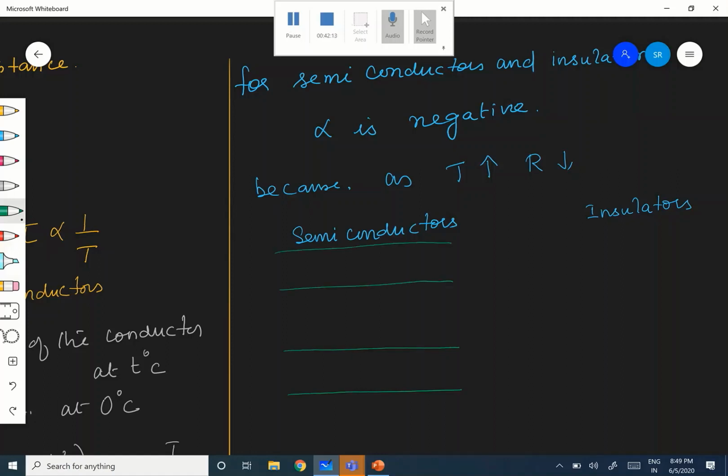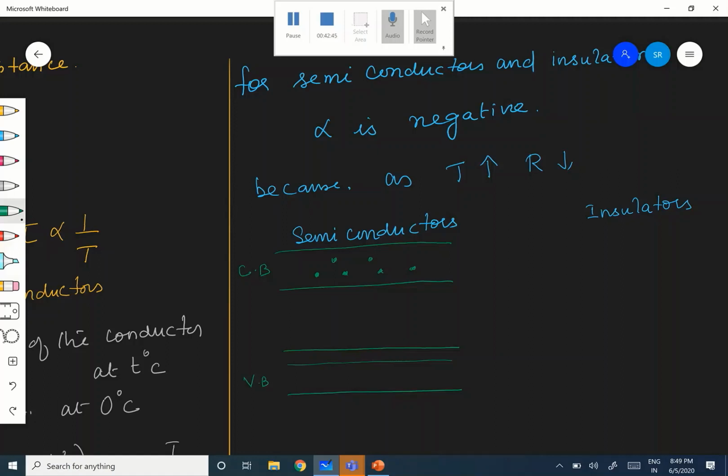This is the conduction band, and this is the valence band. The electrons in the conduction band are the ones responsible for conduction.